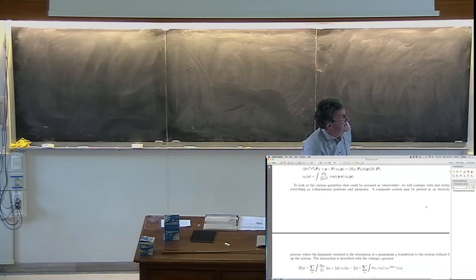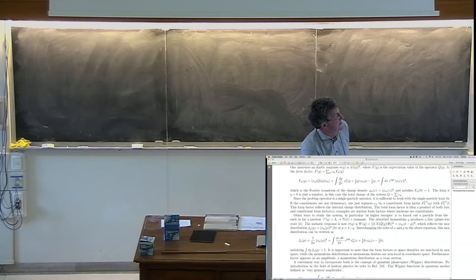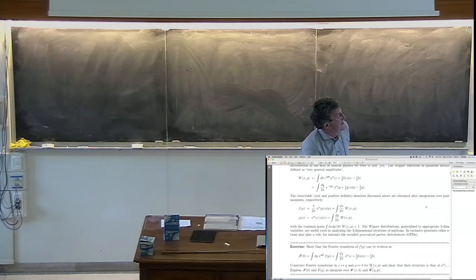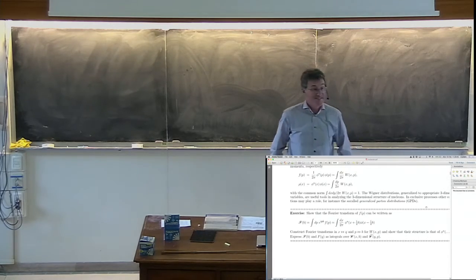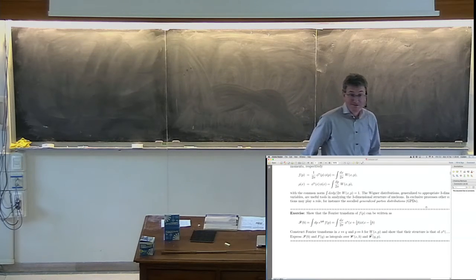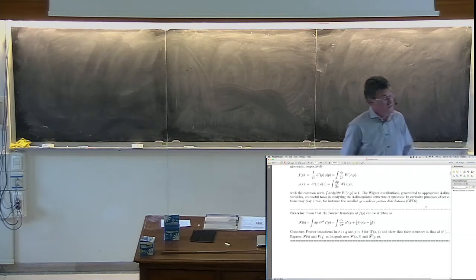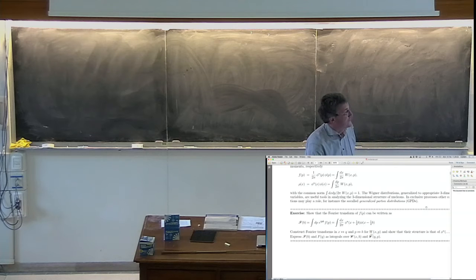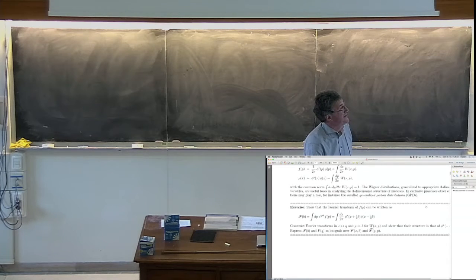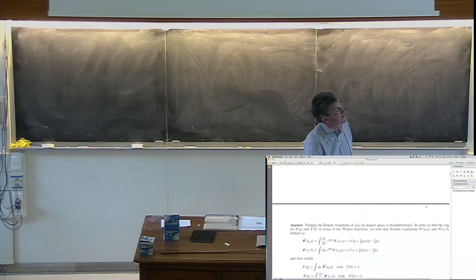At some point here, when is the first one? Here, there's an exercise. And to make it easy for you, I put in the answers also. So if you continue here, the answer is also there.